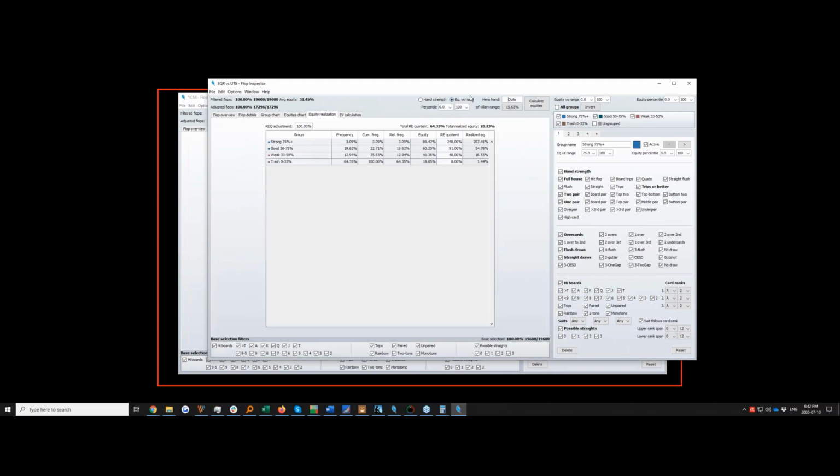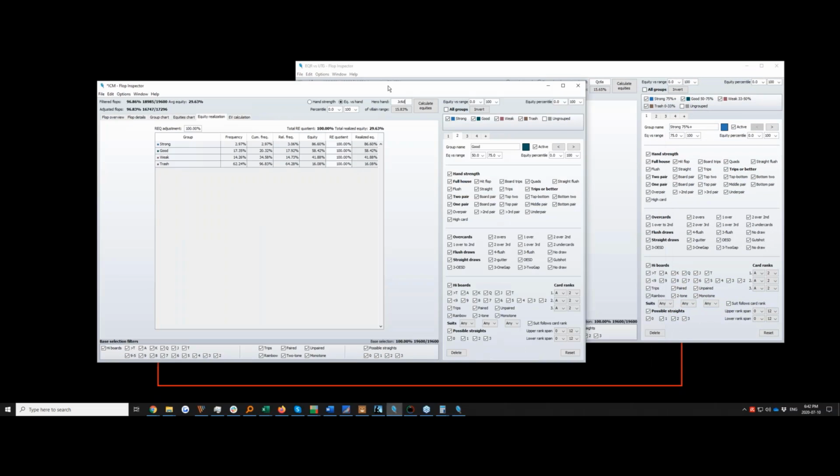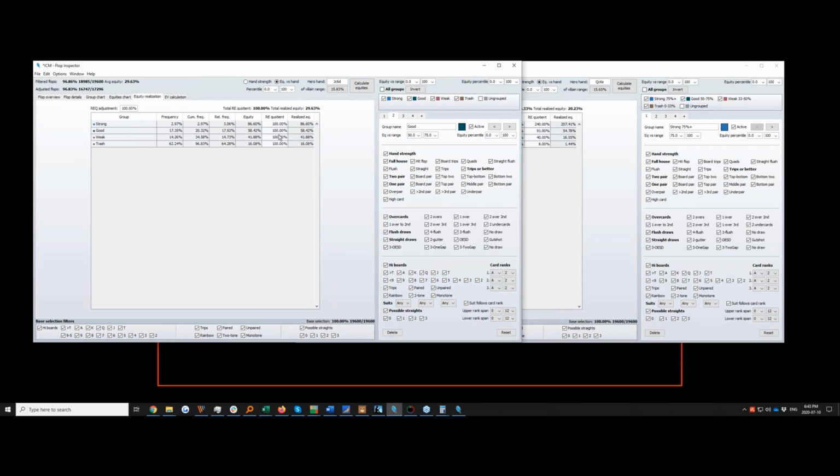Okay, so I got these equity realization factors from GTO solutions. If we flop a really strong hand, we will over-realize equity, and as you can see here, you can realize as much as 240%.